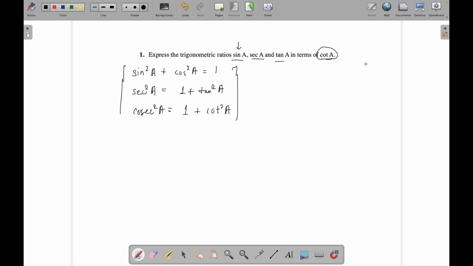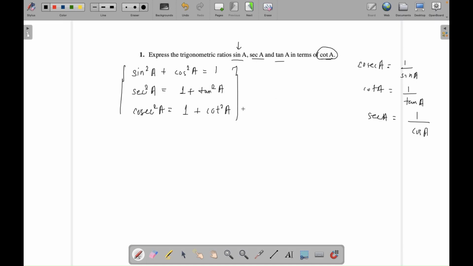Also, there are a few things, for example, cosec A is equal to 1 upon sin A. Cot A is equal to 1 upon tan A. And sec A is equal to 1 upon cos A. Now we have to use everything that we have here to find a relationship between, first of all, cot A and sin A. Which of these identities has cot A and sin A both?